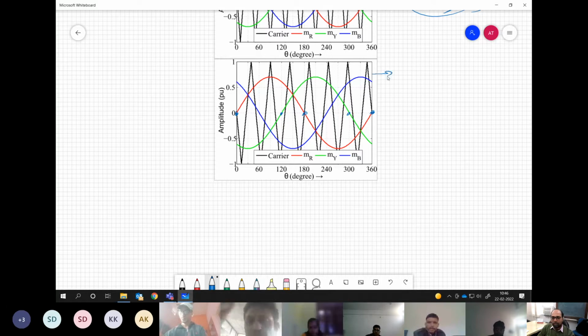This is pulse number 7. Do you see the same thing happening with B? No, sir. This is what I mean by how the modulating signal sees the carrier. Now it's different carrier for R, different carrier for Y, different carrier for B. The way it is oriented. So obviously the pole voltages which will be generated by RYB, they will not be shifted by 120 degree. They will be shifted somewhere here and there.